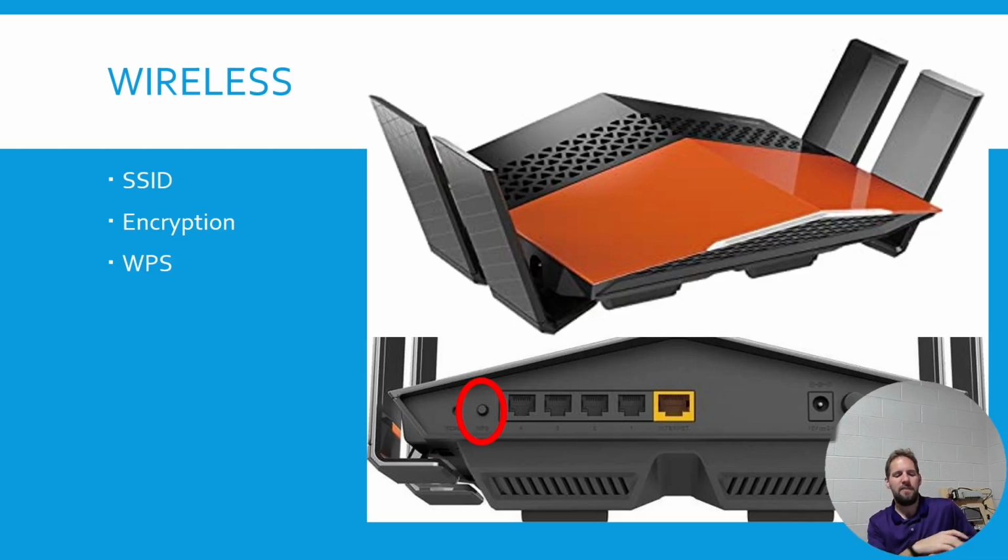In the long run, it's one of those really insecure things. My hardware is right there in the closet, so all I have to do is press that button, open my phone up when I'm at a party or whatever, and now I'm on your Wi-Fi network. That's not a very secure thing, so that is definitely something that we want to try to avoid. Personally, I never used it.